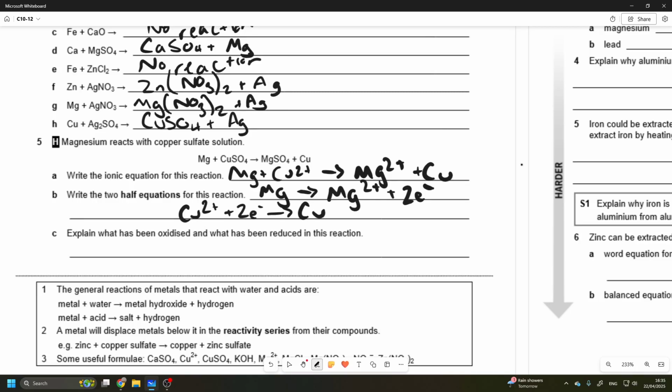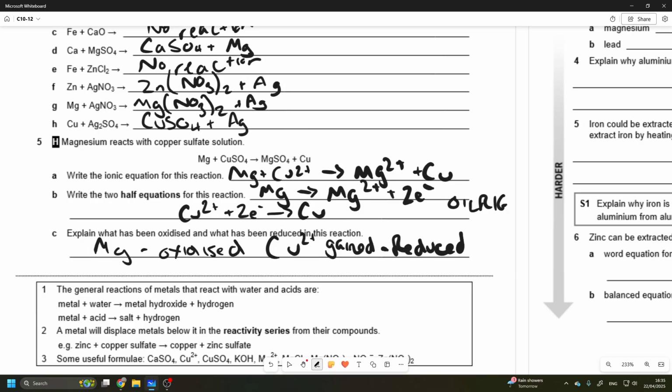Explain what has been oxidized. Now, remembering, as we do, that oxidation is loss, reduction is gain. The Mg has lost electrons and has been oxidized, and the Cu2+ has gained and been reduced. Fantastic.